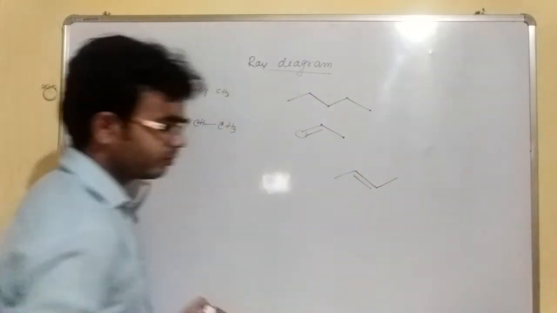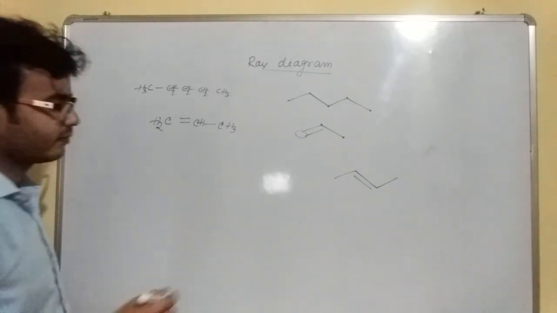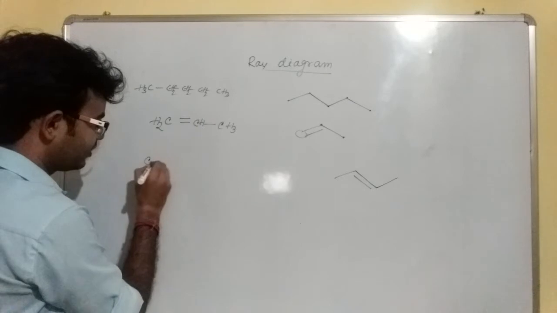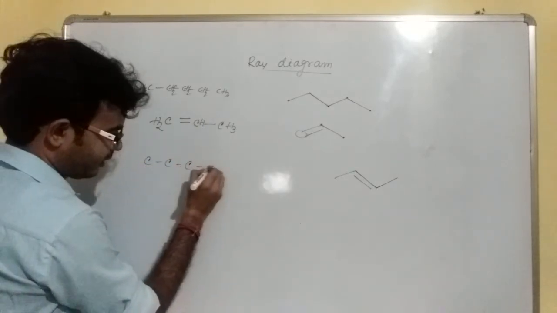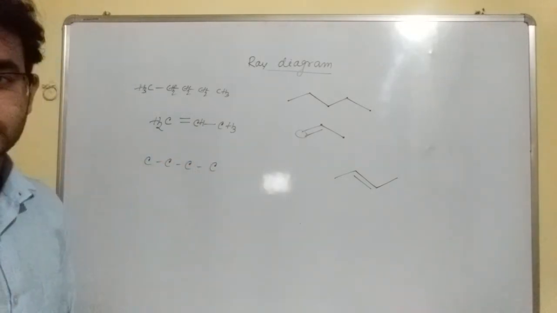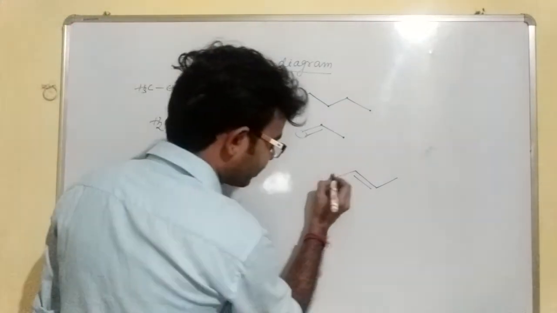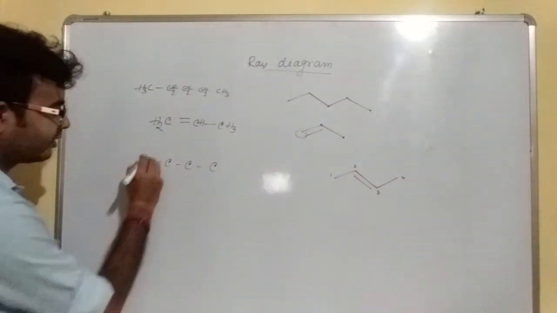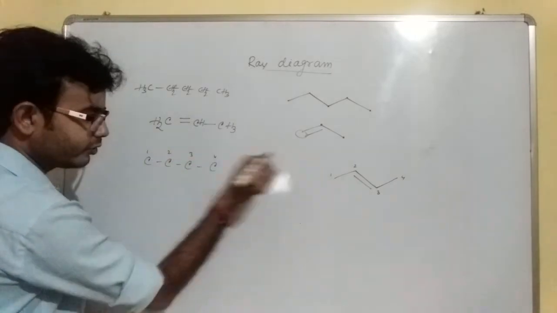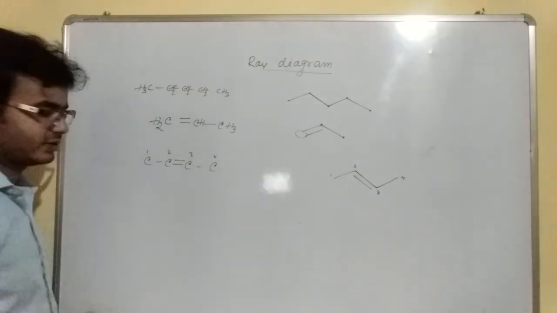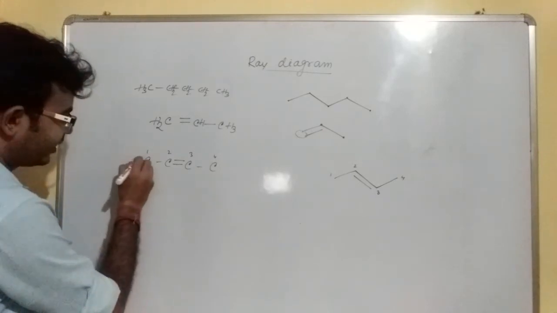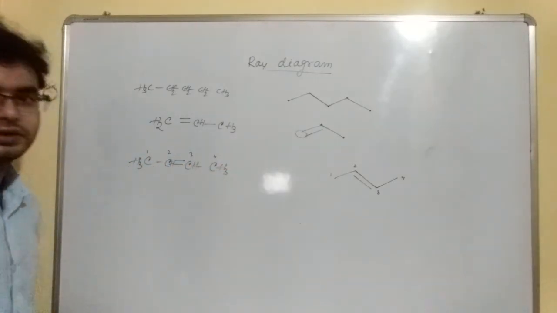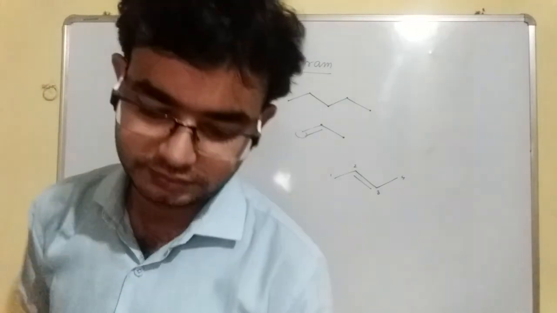Here is the double bond. So 1, 2, 3, 4. You can put the numbers here. The double bond is in between 2 and 3. Now fill with hydrogen: CH3, CH, CH, CH3. That is a ray diagram.